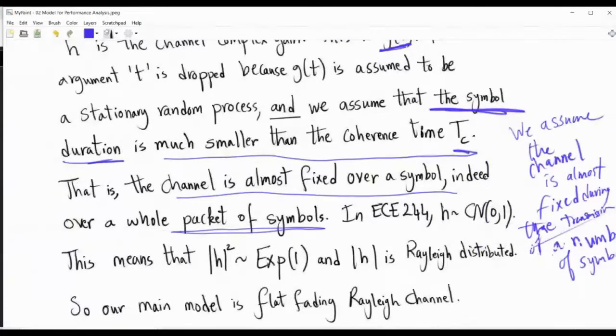A very important assumption. Under this assumption, it's as if the channel is a random process, and you study this random process at a certain instant of time, so you are extracting a random variable from the random process.